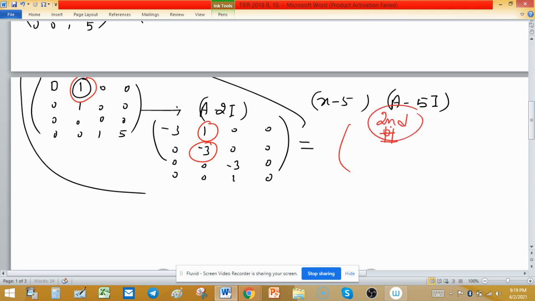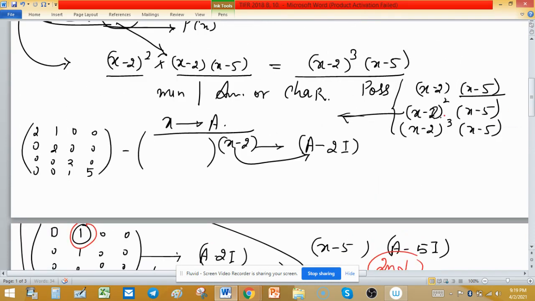So we are not obtaining the zero matrix. There is no need to check thoroughly whether we are getting zero or not. If only a single entry is non-zero, then it means this is not the zero matrix.